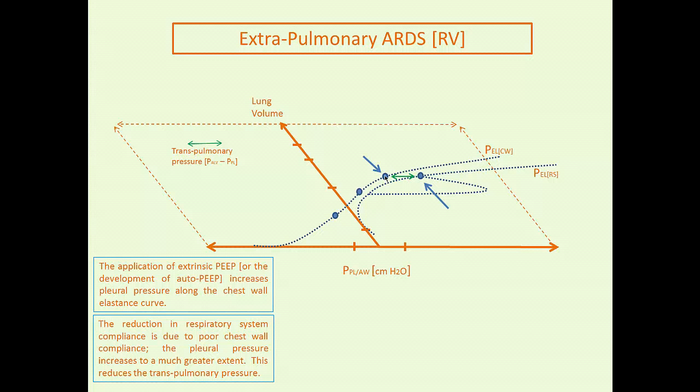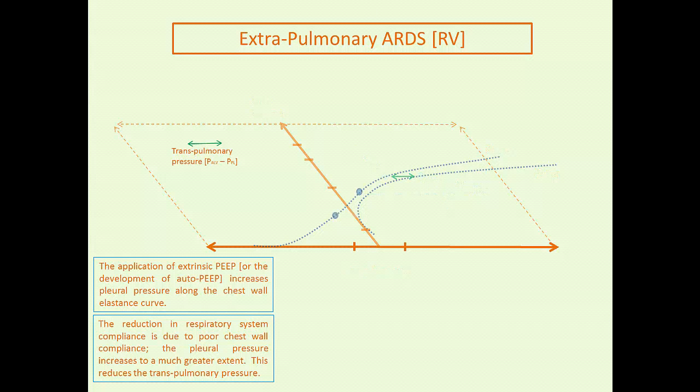And that's because the chest wall is very stiff and intrathoracic pressure is now quite high. So that transpulmonary pressure is quite low, and therefore the right ventricular afterload is quite low relatively. And even with the application of PEEP, there's a steady state increase in intrathoracic pressure and a steady state, not terribly profound increase in right ventricular afterload.